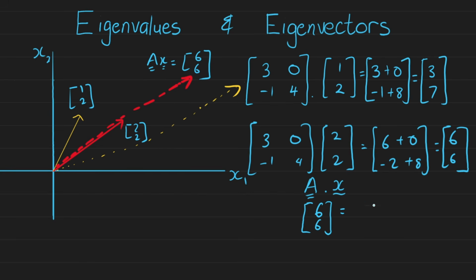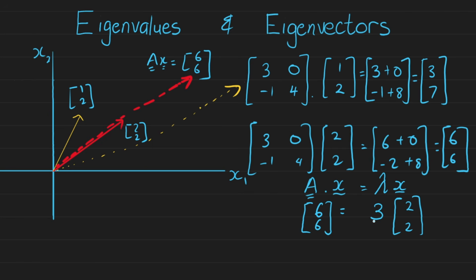Now let's compare it to this vector 2, 2. We can see that 6, 6 is just a multiple of 2, 2. Specifically, if we take this 2, 2 and multiply it by 3, we get this 6, 6. This multiple, we'll call lambda.